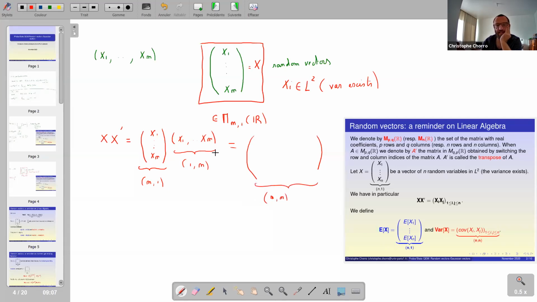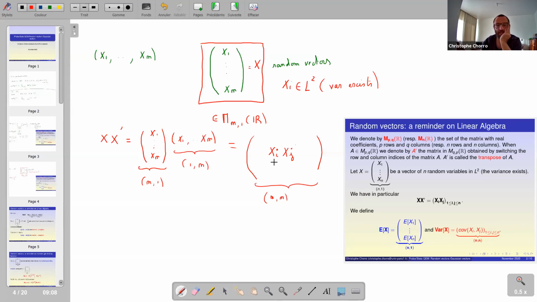To obtain the coefficient at the place i, j, I have to multiply the coefficient at the i-th line by the coefficient at the j-th column. The general term is X_i X_j for this matrix. At line i and column j, I have exactly X_i X_j.